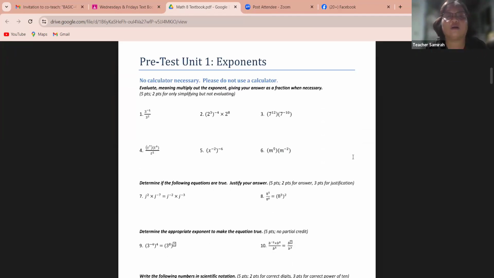Number 2. Look at this. What will be your answer for that one? Just go back to the power to a power. 3 times negative 4.